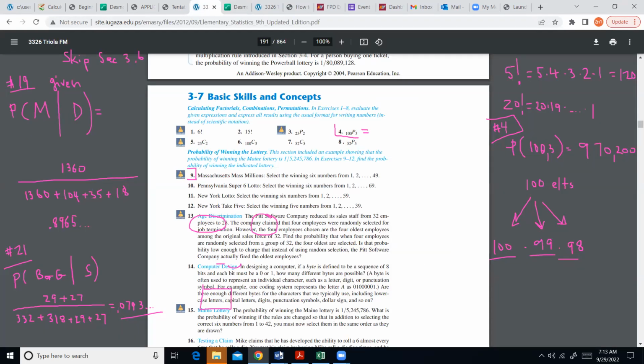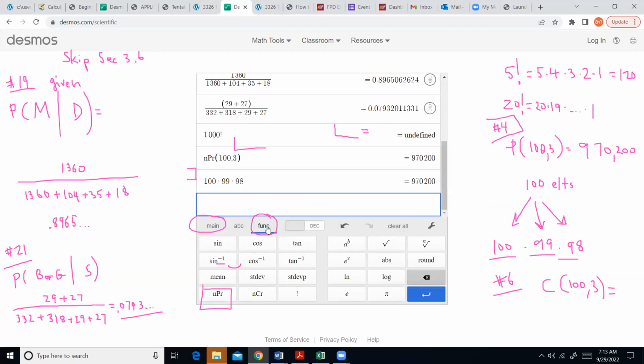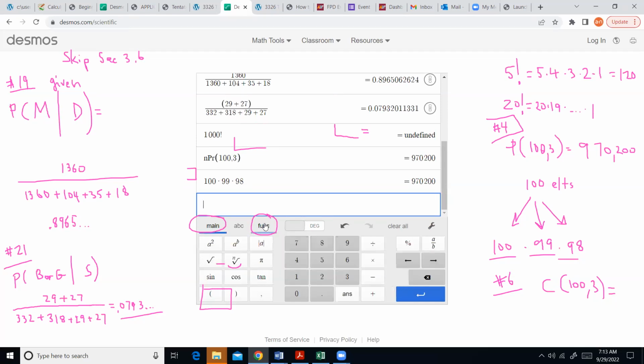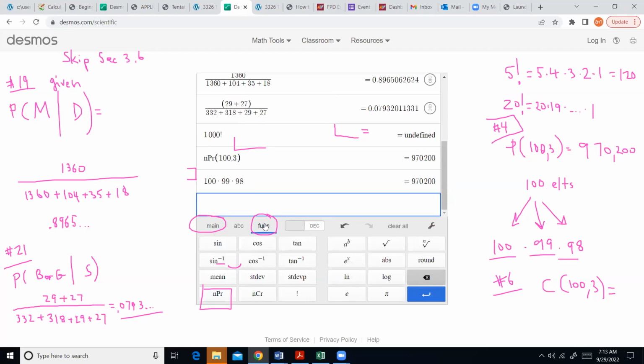Today, I just want to get used to using a calculator. There is one more symbol here that we can put in the calculator. That's the number of combinations from 100, choose 3. And to calculate that, we'll need to, again, put this in a calculator. So I'm going to functions, just like we did before, main, remember, main, and then functions, right?